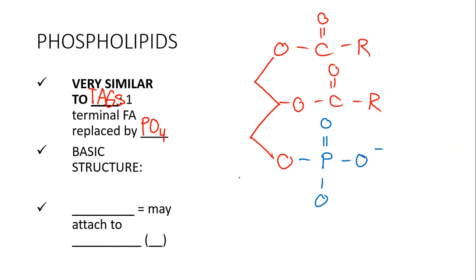At ang tawag natin class sa mismong structure na to would be phosphatidic acid. The structure class will be called phosphatidic acid because from the name itself, it possesses fatty acids together with a phosphate group. Hence the name phosphatidic acid. So class, phosphatidic acid, it is the basic structure of phospholipids.